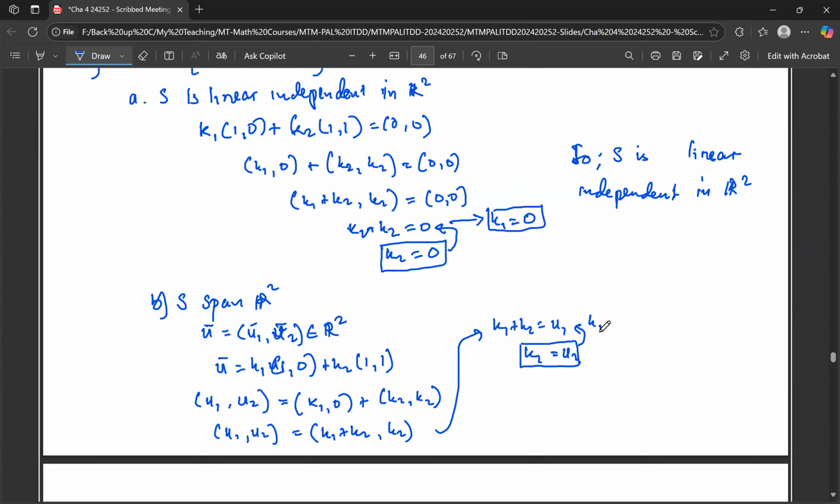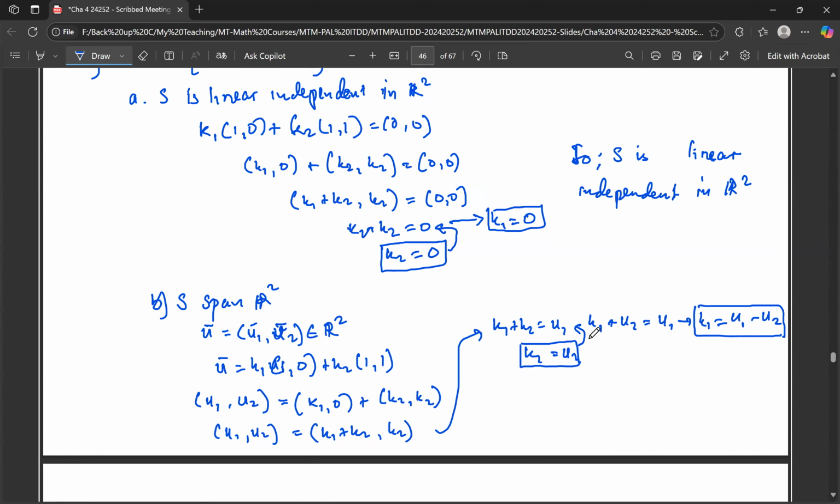We have k1 plus u2 equal to u1. Then k1 is u1 minus u2. So we have k1 and k2.